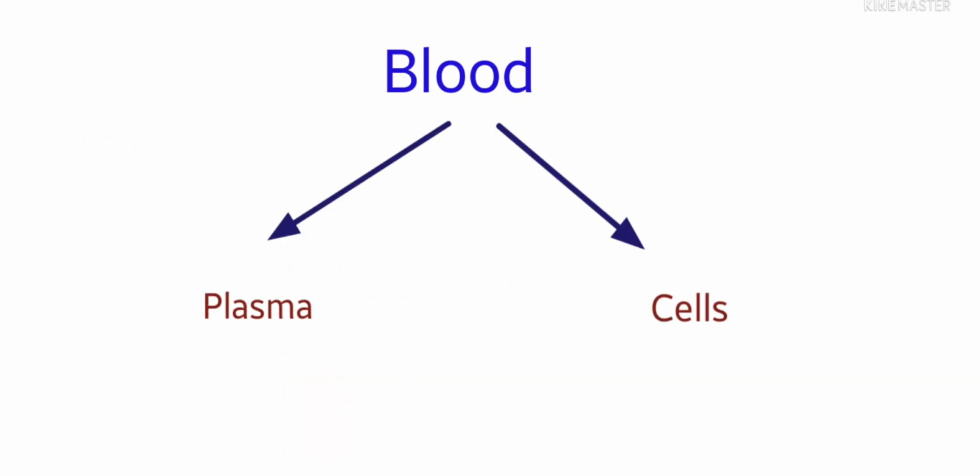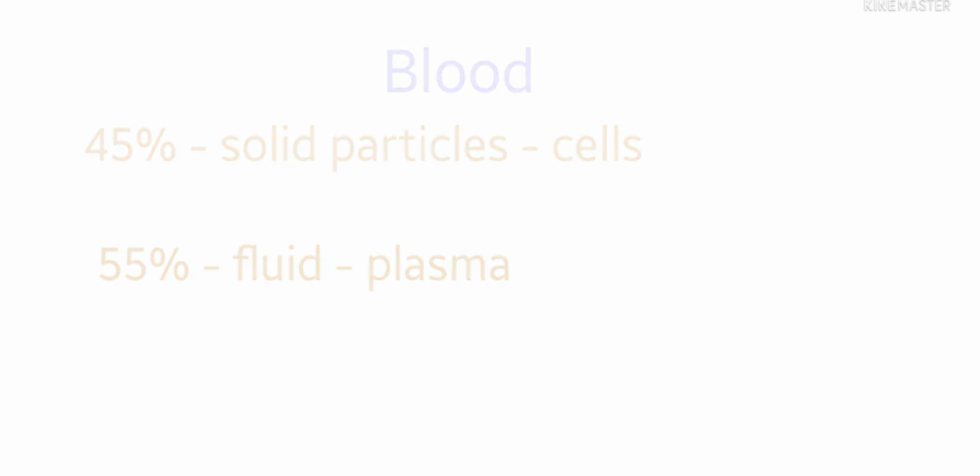It is a red color homogeneous fluid. About 45% of it is made of solid particles held in suspension. The remaining 55% is a straw-colored fluid called plasma.